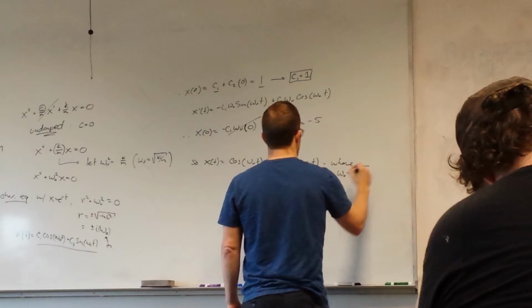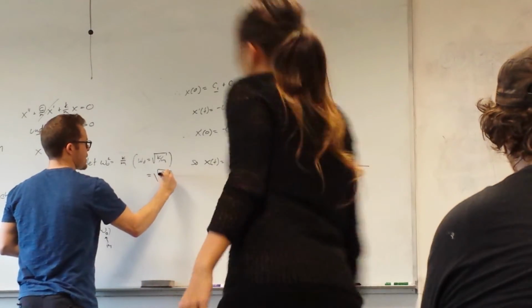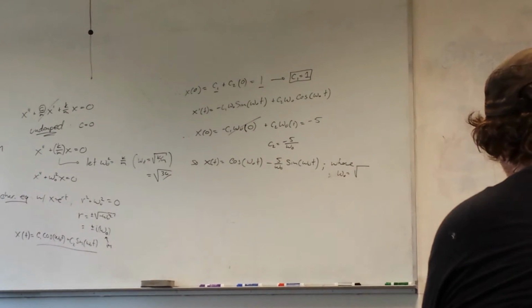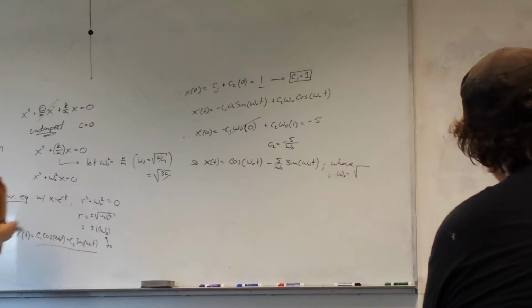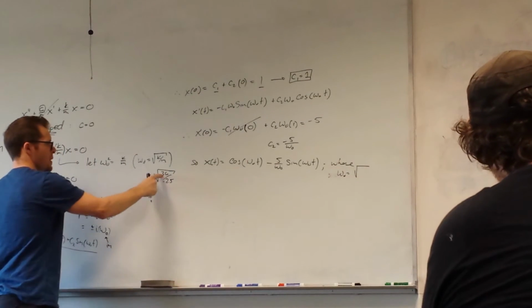And we just solved for k. K was 36, and the mass was 0.25 kilograms.